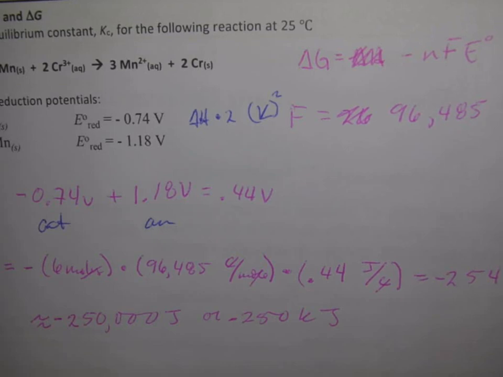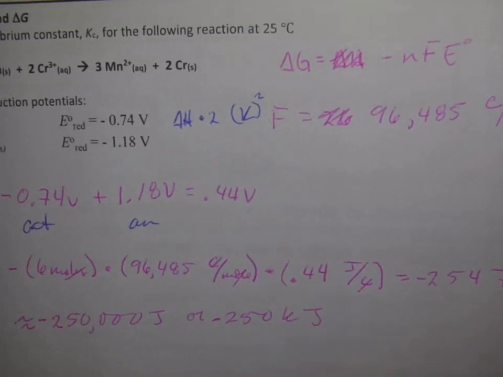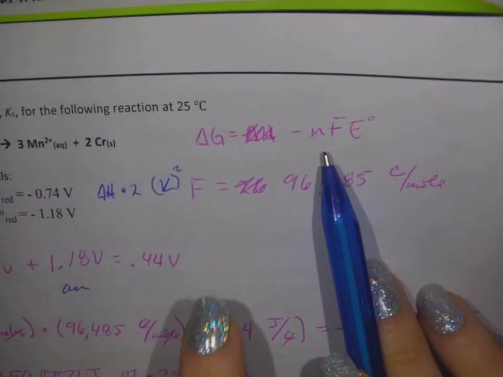Anyway, I'm looking a little bit ahead, and so will G always be negative because of the negative? Yes, exactly. If the battery doesn't work, then it would be a positive G, because this would be a negative. Okay, so here's the reaction.